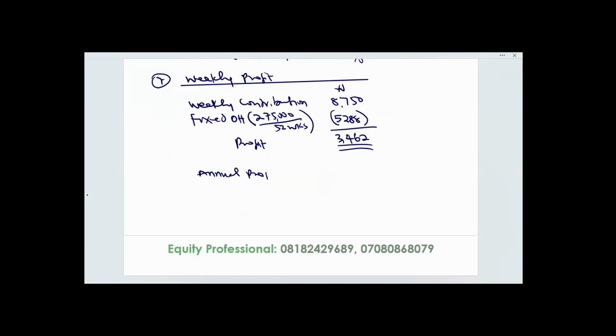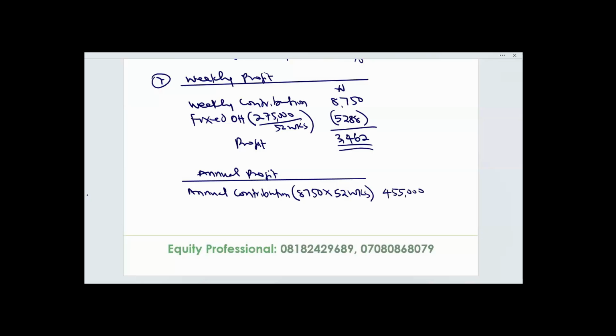But if I want to calculate annual profits, since my fixed overhead is per annum, I will say annual contribution, which should be equal to the weekly contribution of 8,750 multiplied by 52 weeks. What do we have? 455,000.